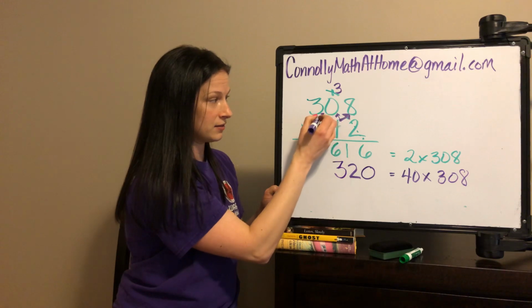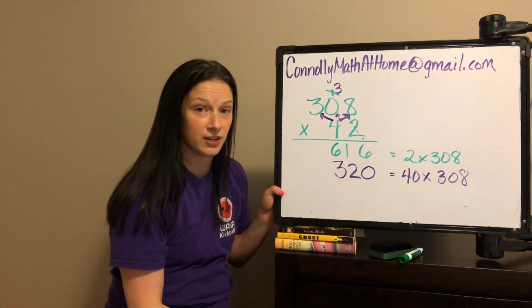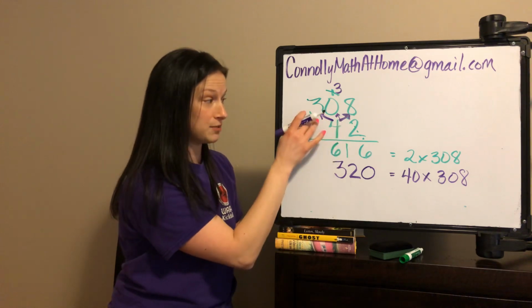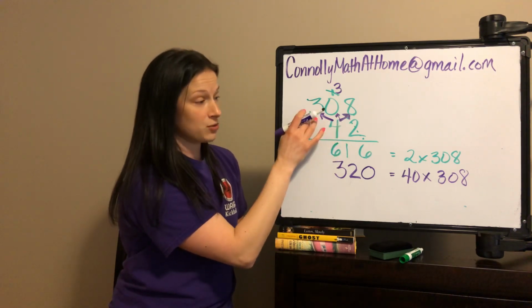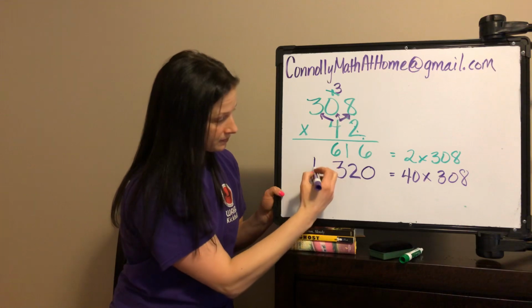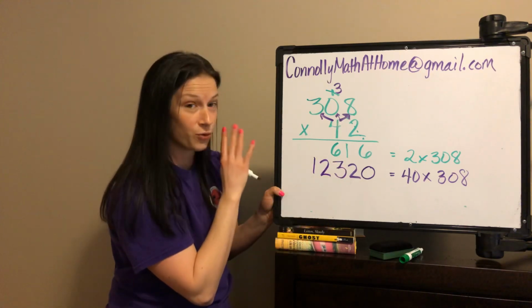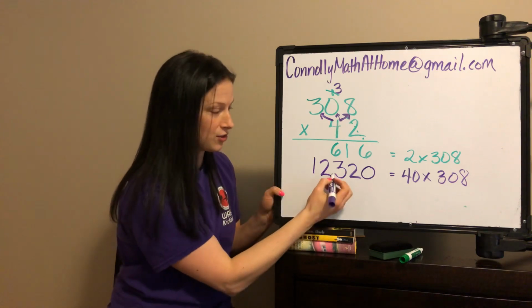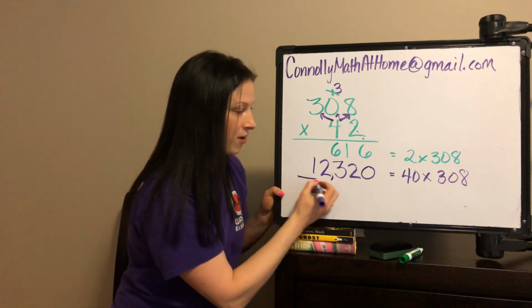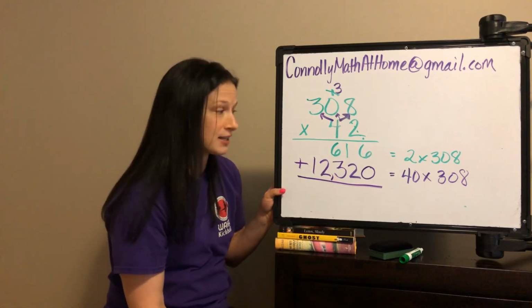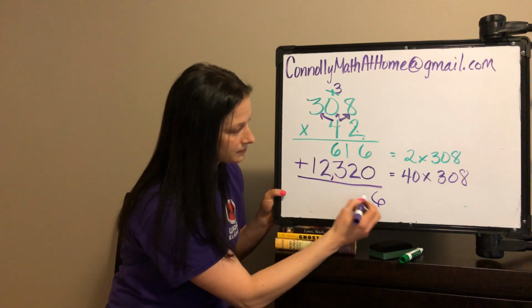Then, we just make sure we finish with 40 times 300. So what we're going to think about is 4 times 3. 4 times 3 is 12. 40 times 300 is 12,000, just so you know why that ended up there. It all makes sense when you think about what's actually happening. And then we add our subproducts together as usual.